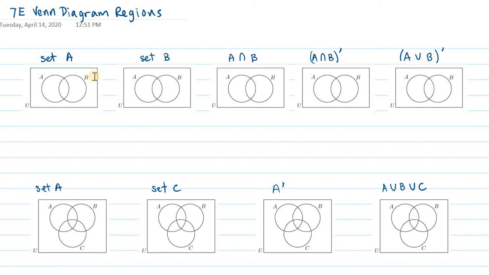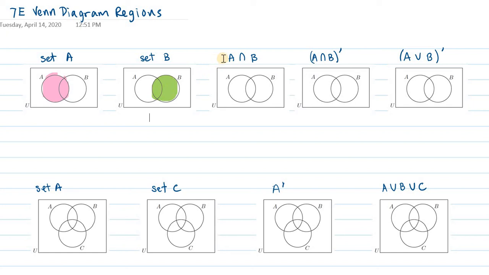So for example, set A is everything that is part of A, and that includes the stuff that also is part of B. But if I'm just asking for set A, we would shade in the circle that is A. For set B, we would do the same thing, but we would get the whole circle of B. And again, it will include the parts of B that are also A, but this circle represents the set B.